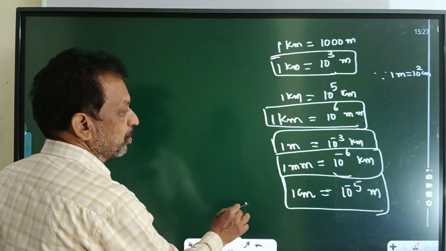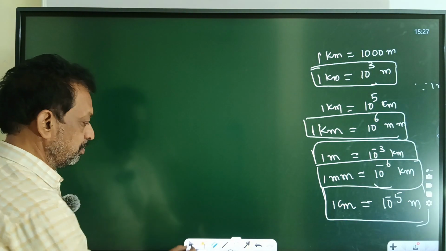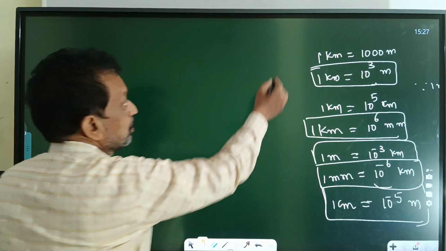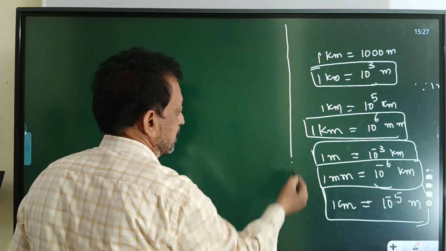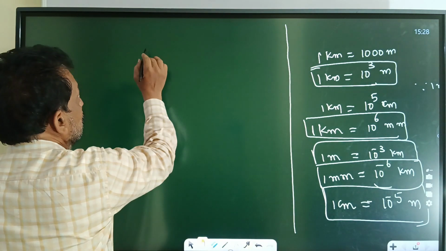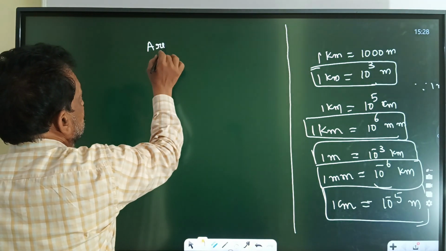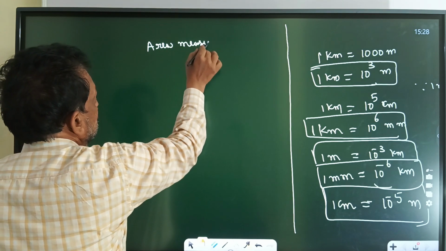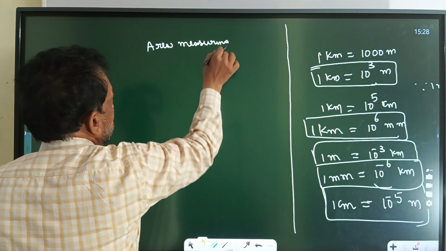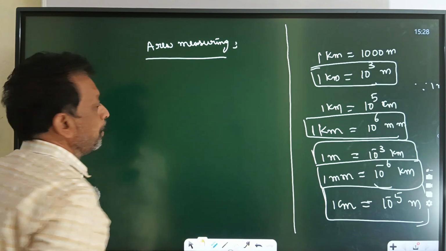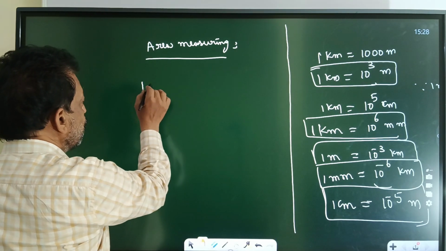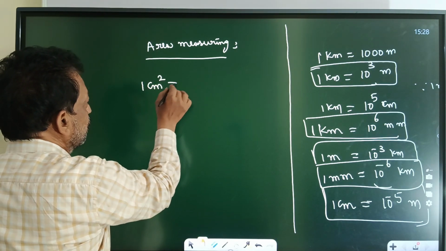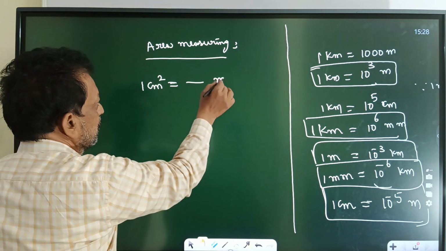All of you understood? Now go to the area measuring. In area measuring, 1 centimeter square is equal to dash meter square.